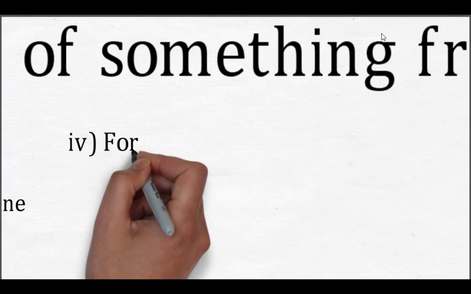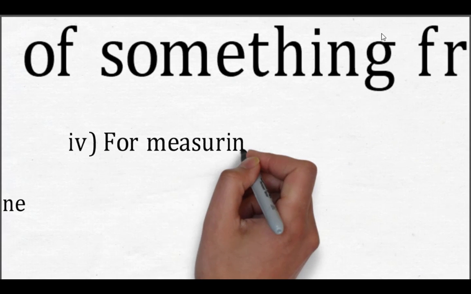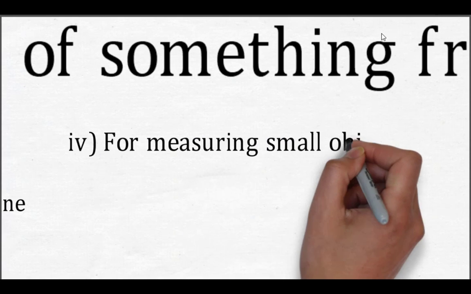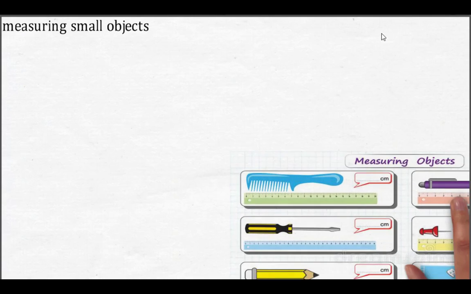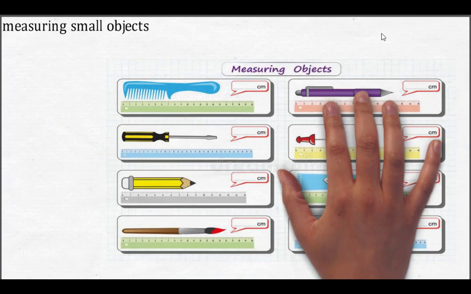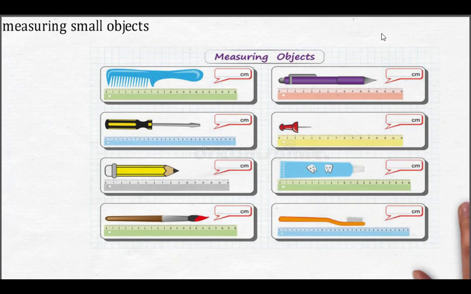So it is called a line segment. And now for measuring small objects, we use the small scale for objects like comb, toothbrush, screwdrivers, pencil, paintbrush, toothpaste, etc. We can use it to measure this kind of small object.